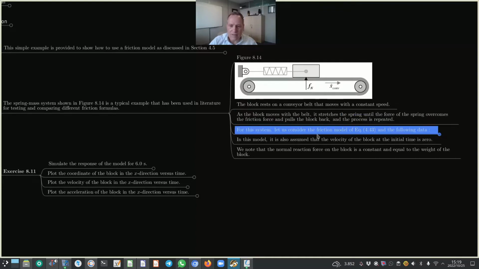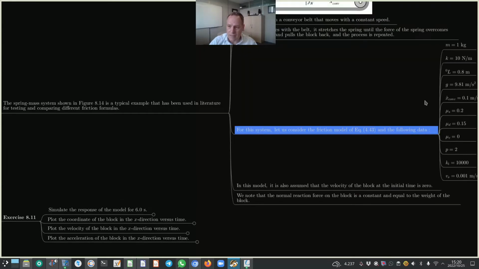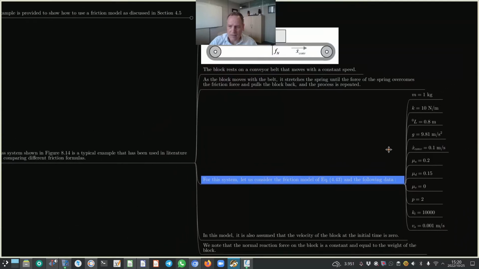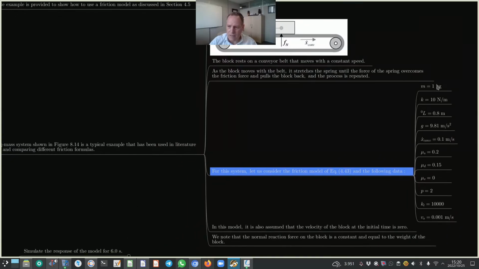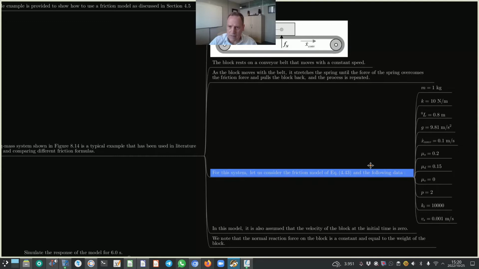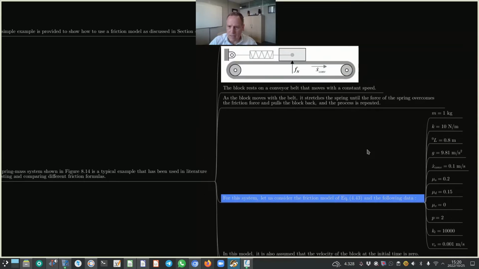Now, for this system, let us consider the friction model of equation 4.43 that we spoke about a few moments ago, as well as the following data. Okay, and there you can see the list of all the input parameters. So the mass of the block is 1 kilogram.